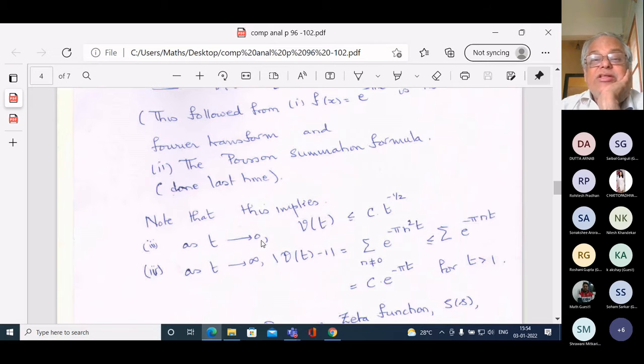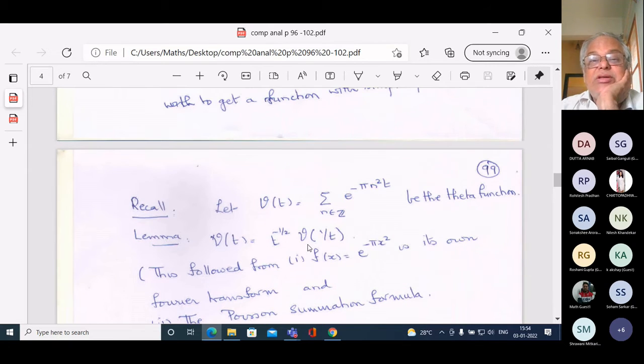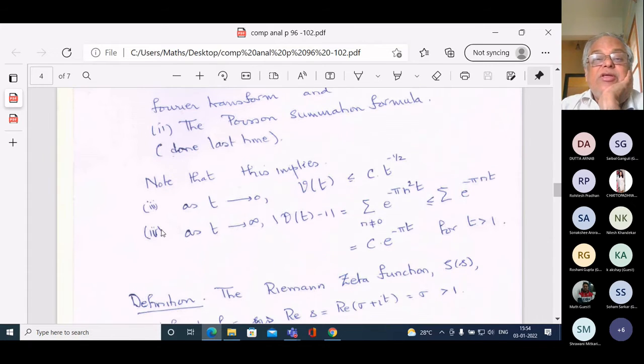And therefore, when t tends to 0, this quantity is bounded. So when t tends to 0, theta t is less than t to the minus 1/2, that is, 1 over square root of t.